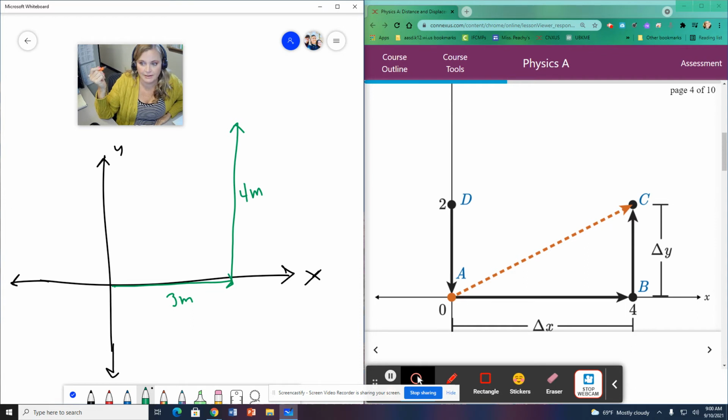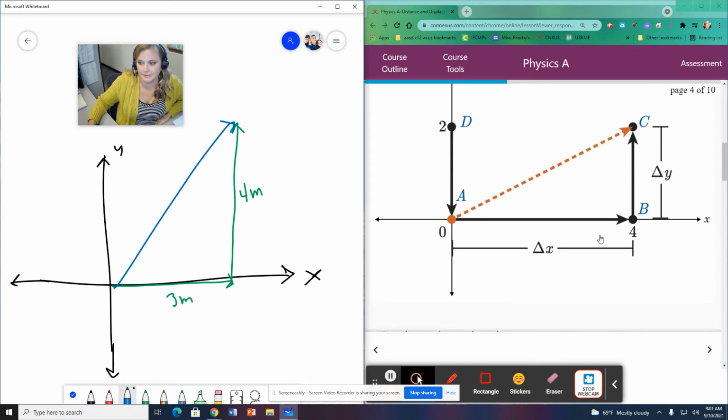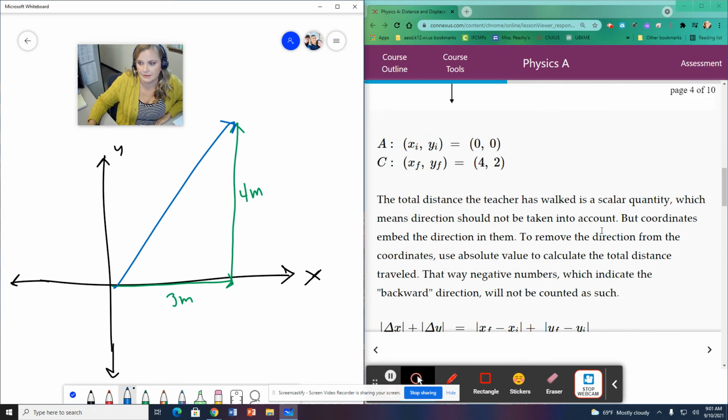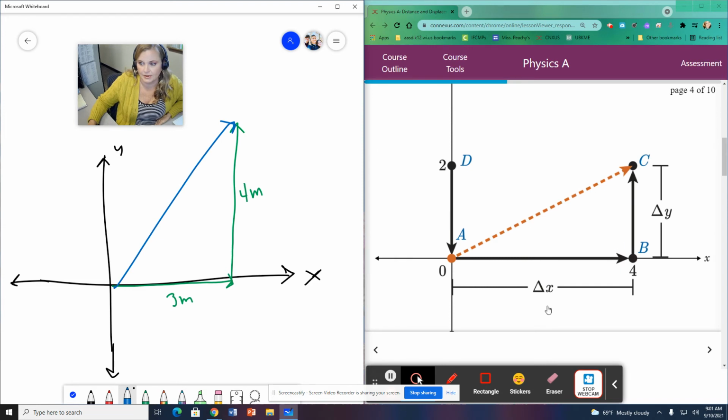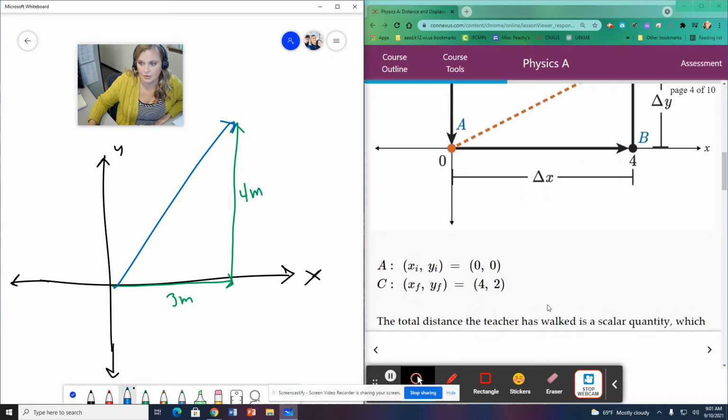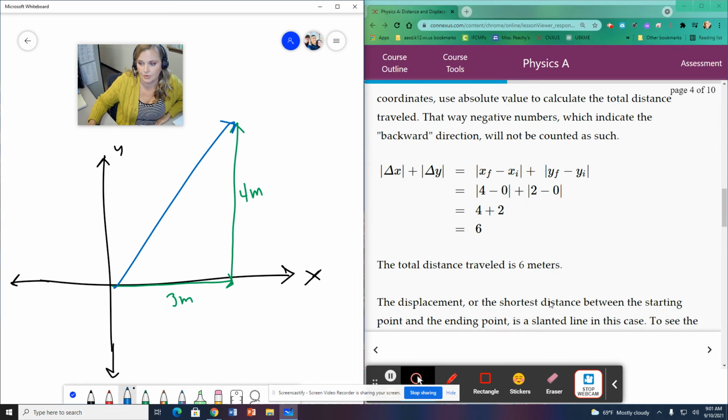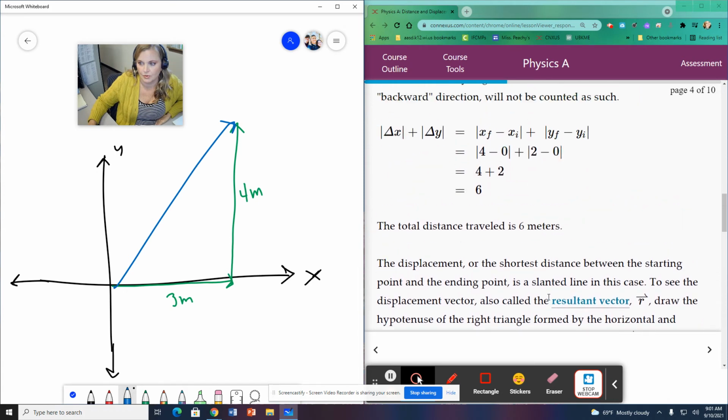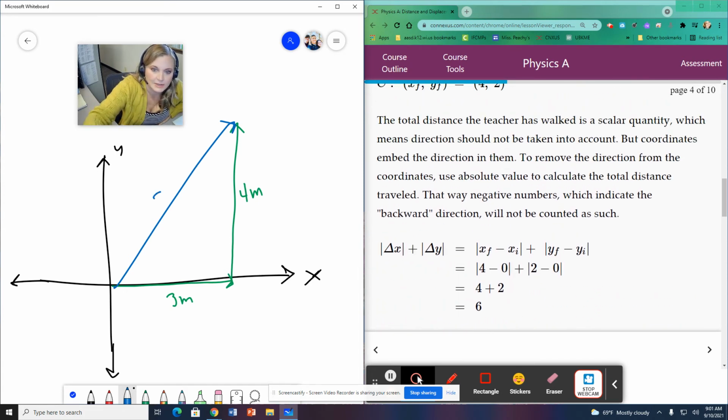And our resultant vector is drawn as the hypotenuse to this triangle. I might just call it D for displacement. I'm trying to see if they used a different variable here, but they didn't.